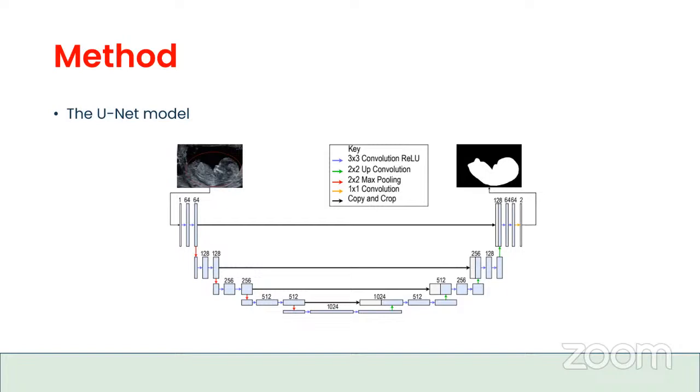The decoder path consists of upsampling the feature map, which is followed by a 2x2 convolution to reverse the steps of the encoder path. Following this is a concatenation with the cropped feature map from the contracting path, and then 2 3x3 convolutions, followed by a ReLU layer. The final layer is a 1x1 convolution that maps the channels to the classes and returns the ground truth mask that will be used to segment the fetus from the inputted image.